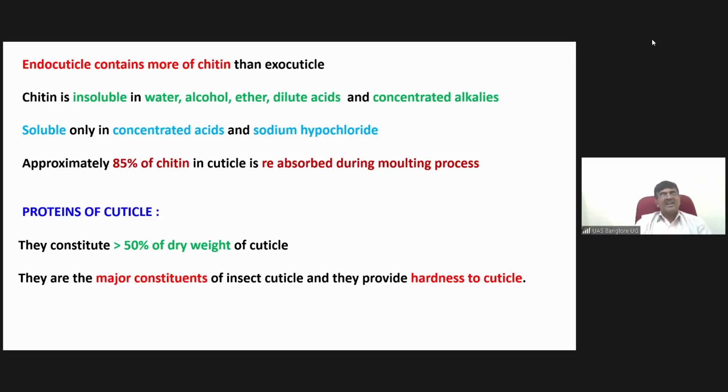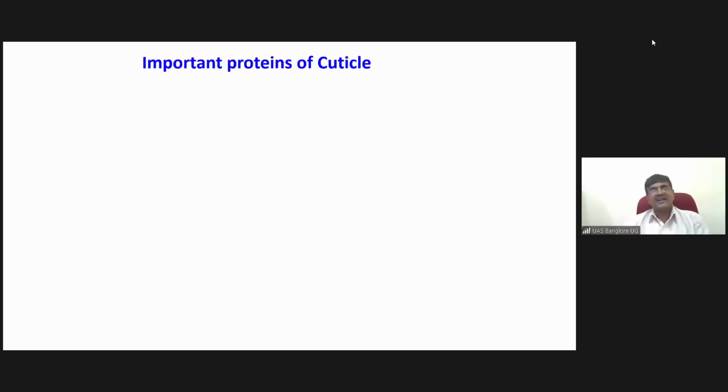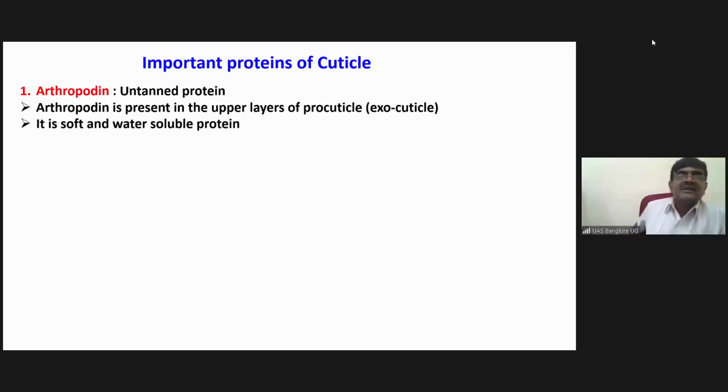Which are the major proteins that are present in the insect cuticle? The first important protein that is present in the cuticle is arthropodin. This is the untanned protein.